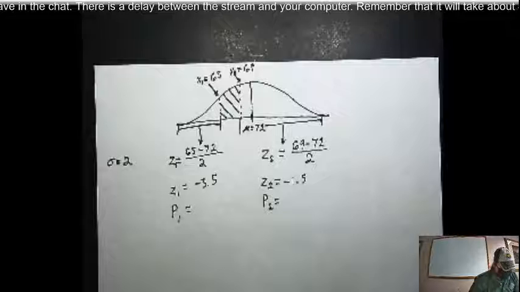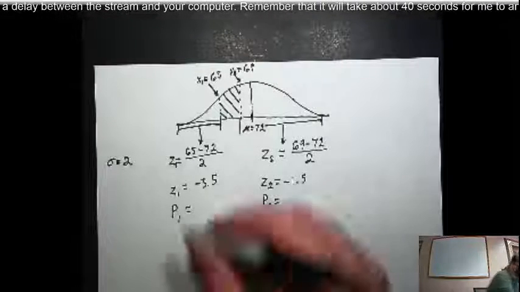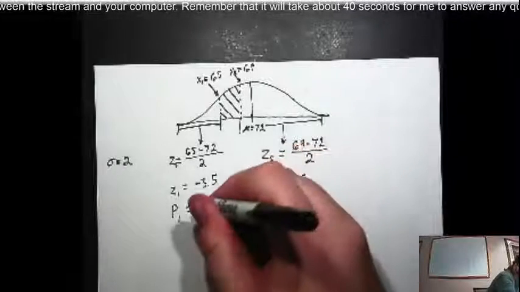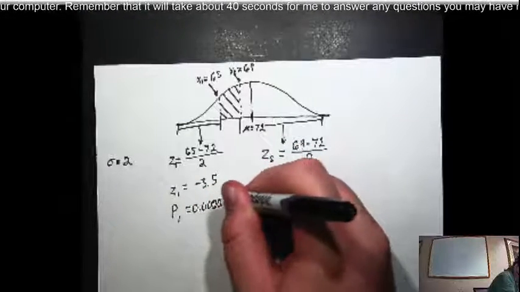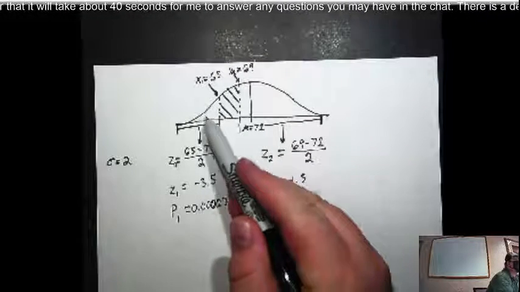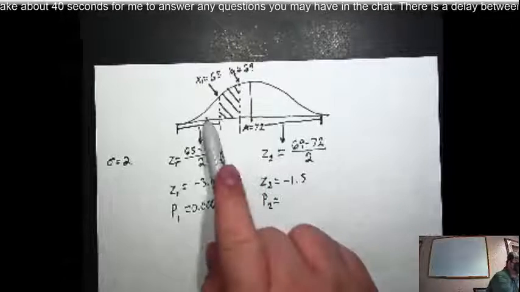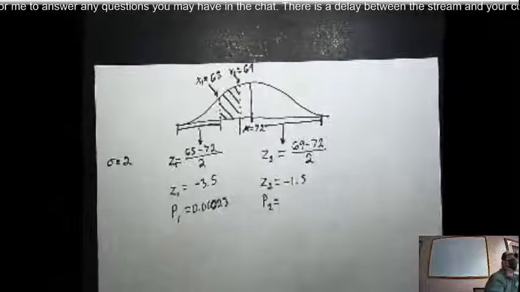See where they cross. That crosses at 0.00023. Okay, so again, this is this part, and it's ready to go. We can go ahead and take it away. We don't need to process it anymore.